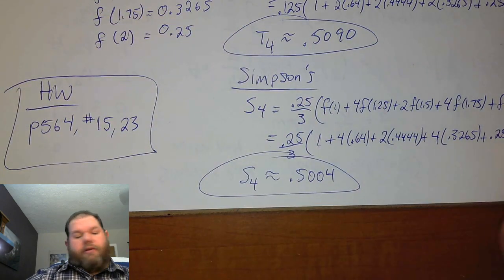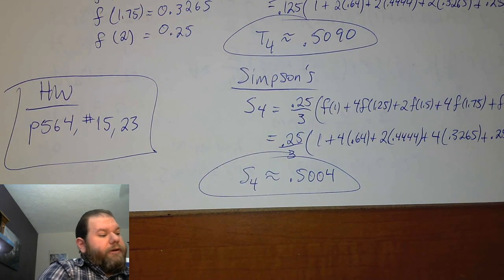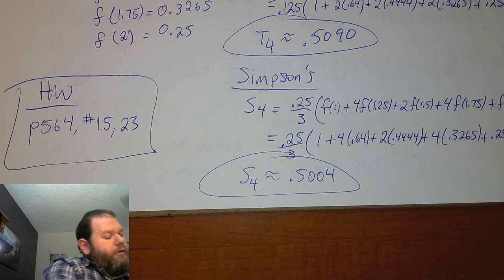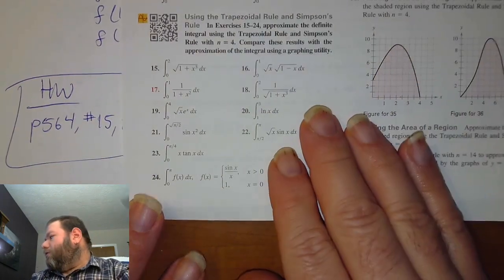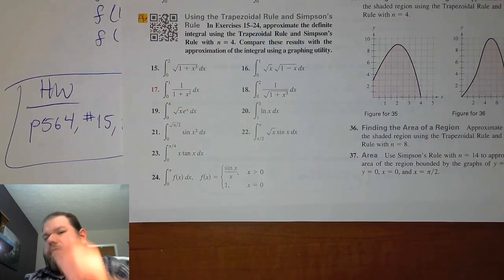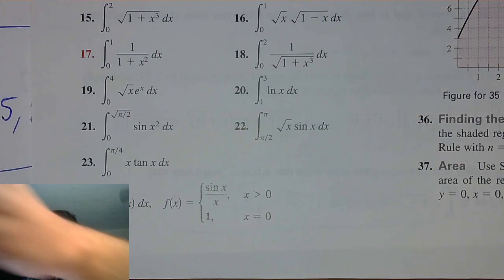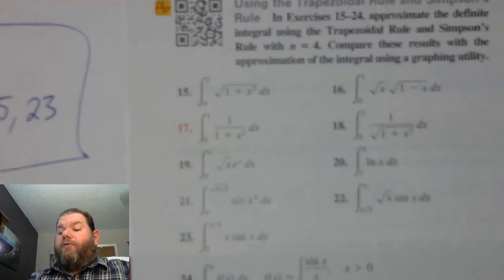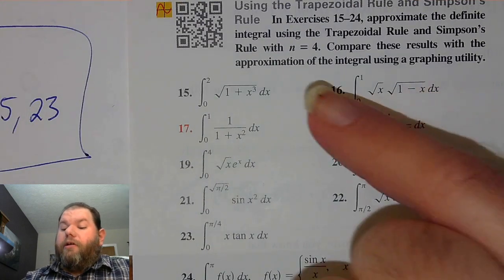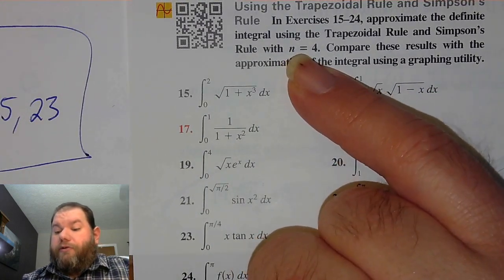And if you look in the textbook, I'll show you my page real quick. Zooming in. Okay. In these problems, they want us to use the Trapezoid Rule and Simpson's Rule with n equals 4, which is nice.